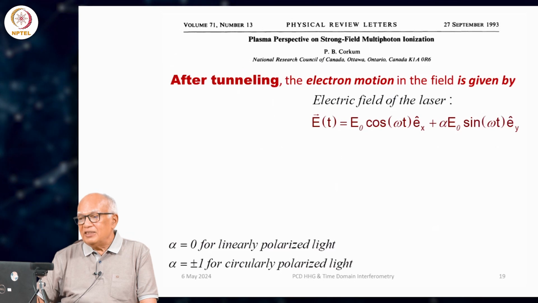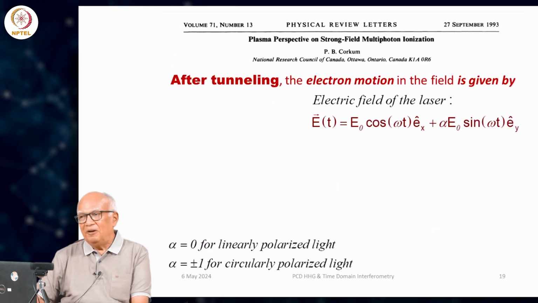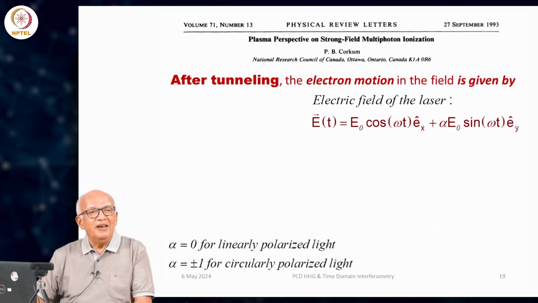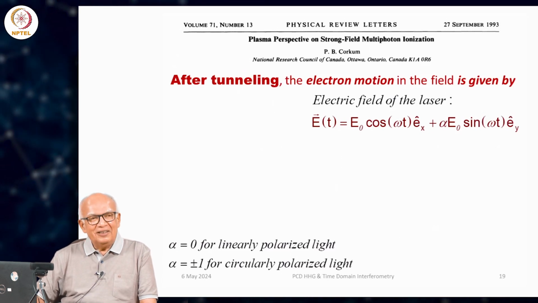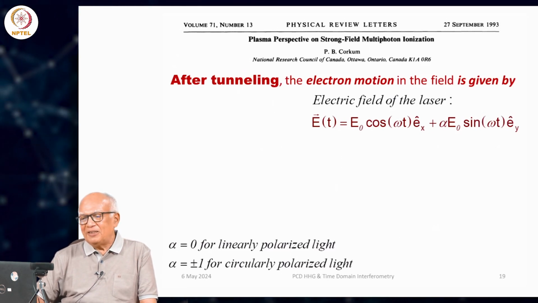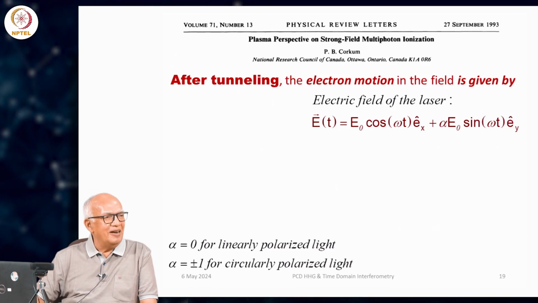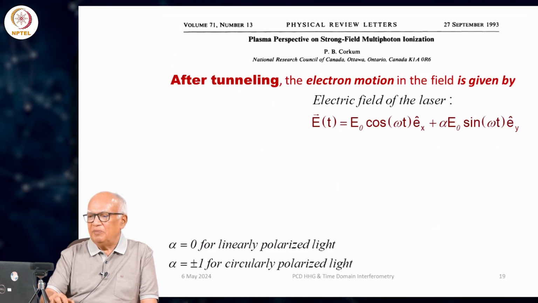Corkum has also done some very nice experiments, but this was his later work, and the work for which he is more famous is theory, which deprived him of a Nobel Prize. But it does not matter to those who work in this field, because certainly everybody refers to this paper.